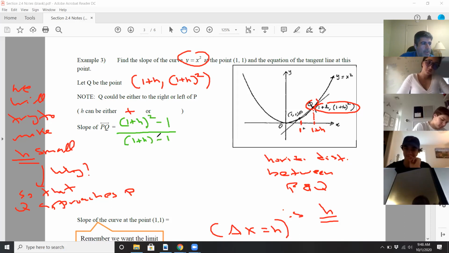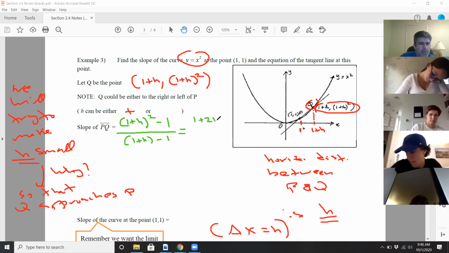Now, if you were to work that out, you would get this: 1 plus 2h plus h squared minus 1, all over 1 plus h minus 1.